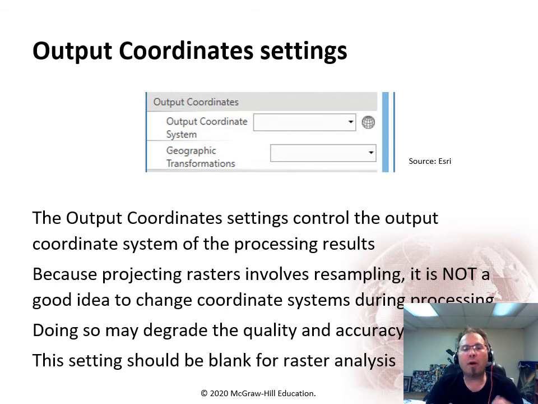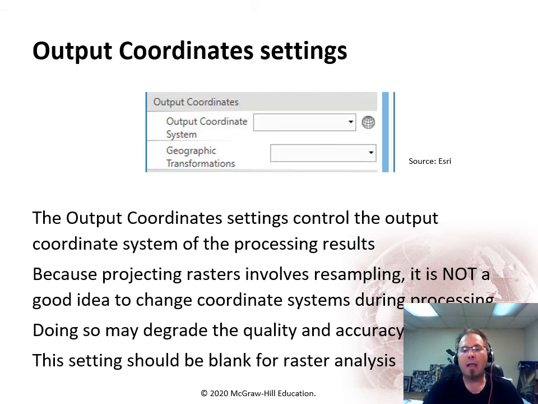The output coordinates, I typically use these, although they're saying now it's a good idea not to change the coordinate systems during processing, and it says it should be blank for raster analysis. That's not totally true. When you're starting your project, you're going to pick a coordinate system, and usually that coordinate system is based on what the bulk of your data is already in.